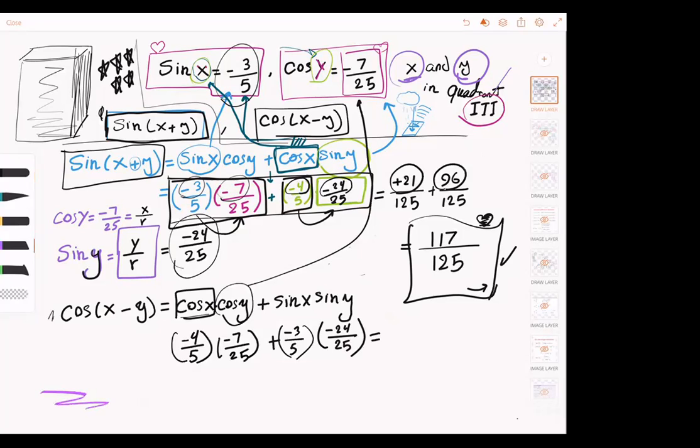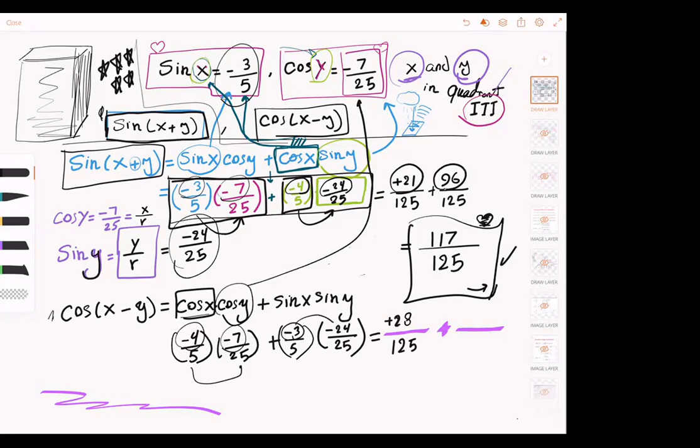Let's see how this works. Negative 4 times negative 7 is positive 28. 5 times 25 is 125.